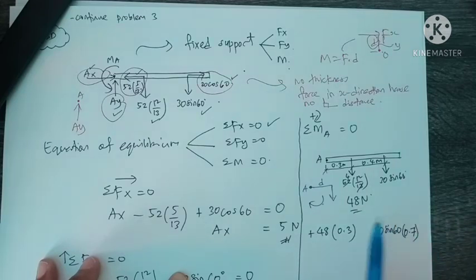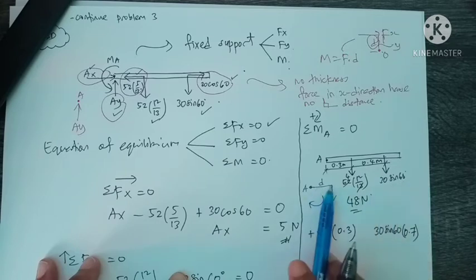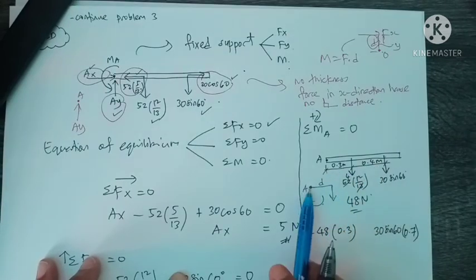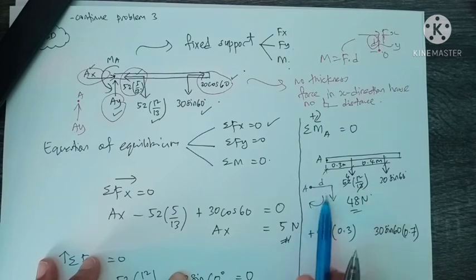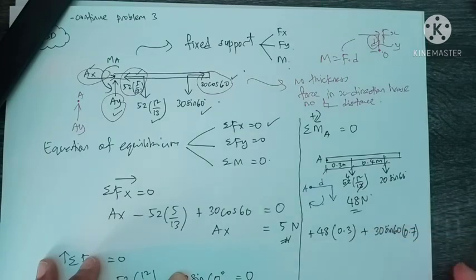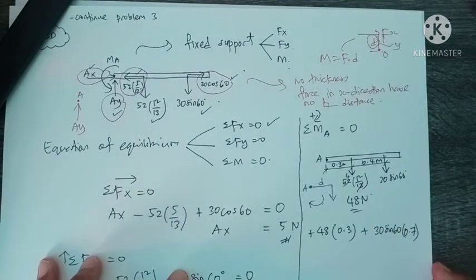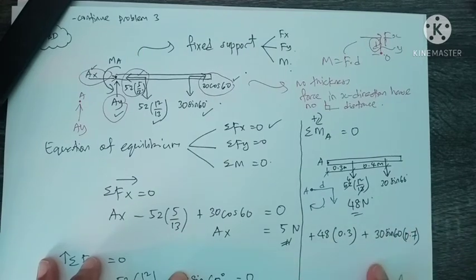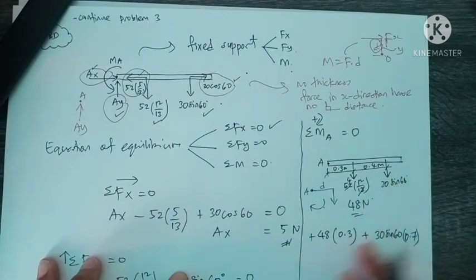Similar to what happened here: this is the force 30 sine 60, this is the perpendicular distance, and this is the point of rotation. It also rotates in clockwise direction, so it also becomes positive. That is all for the forces.